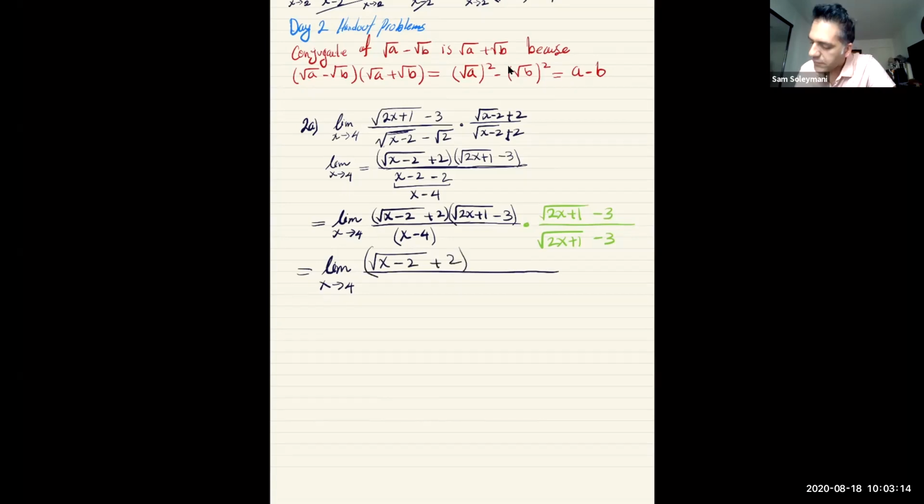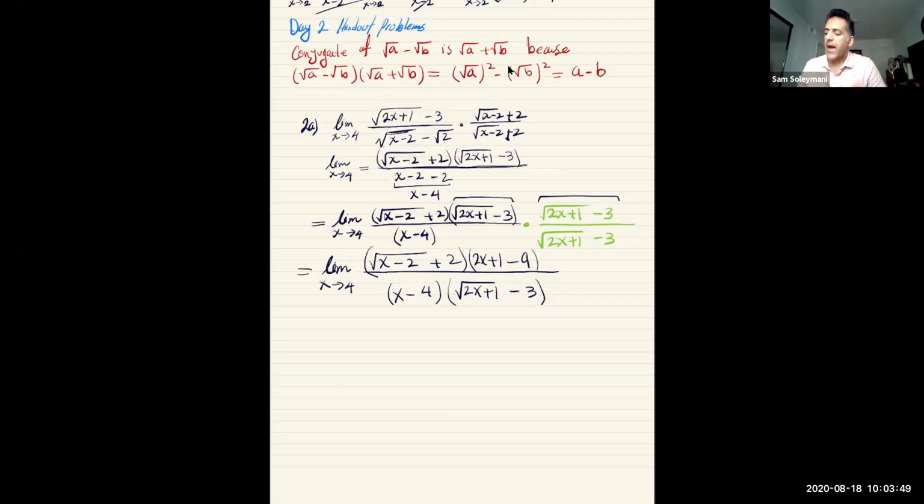That's not the one giving you the 0. You have to multiply these two. Again, you have a minus b, a plus b. When you multiply them, you get 2x plus 1 minus 3 times 3, 9, divided by x minus 4 times the root of 2x plus 1 minus 3.